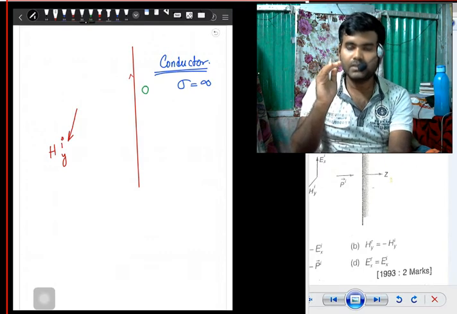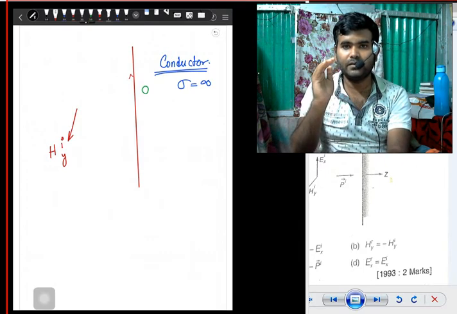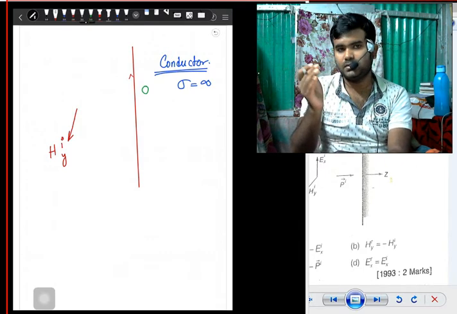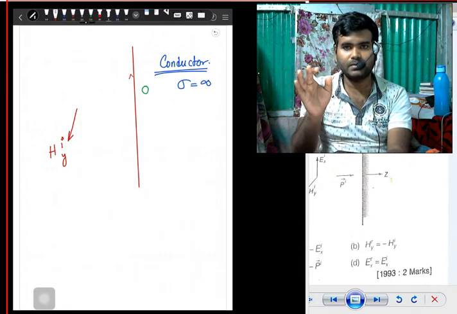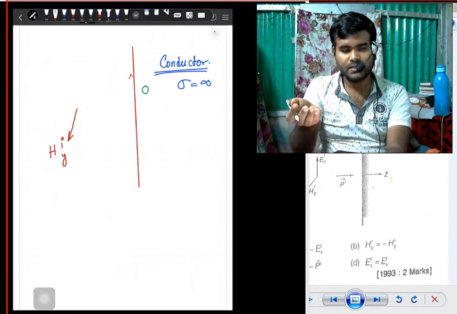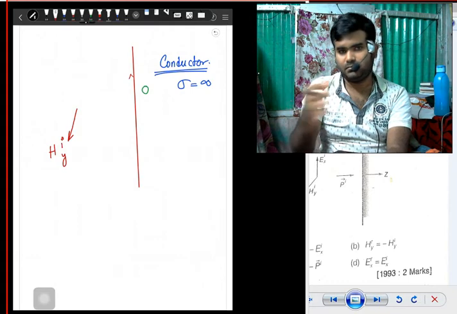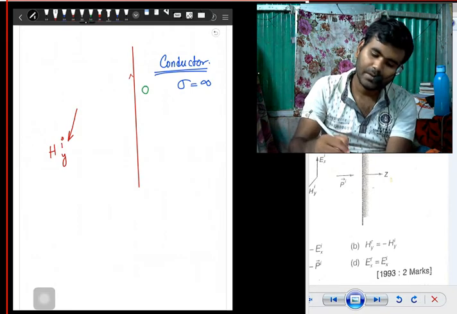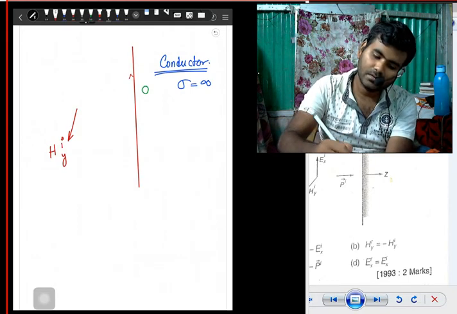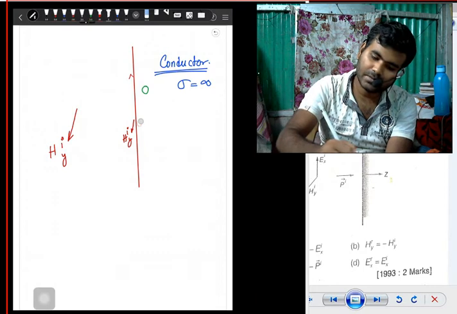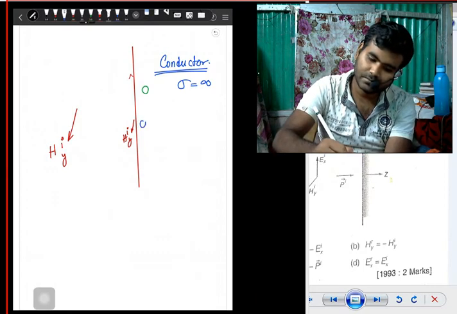The tangential component of the magnetic field is continuous across the boundary if there is no surface current, but if there is a surface current, it will be balanced by this surface current. So this HIY, when it comes to this interface, will produce some surface current across the boundary.